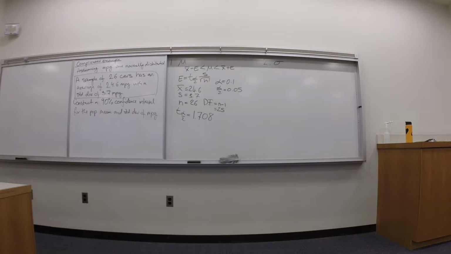We're using the T table, so this is Z. We're using the T table, which is either this one or this one. We're looking at confidence 90% and DF, degrees of freedom, at 25.